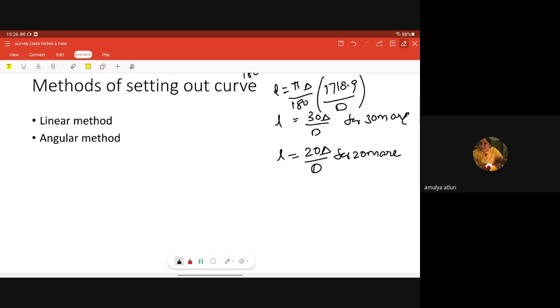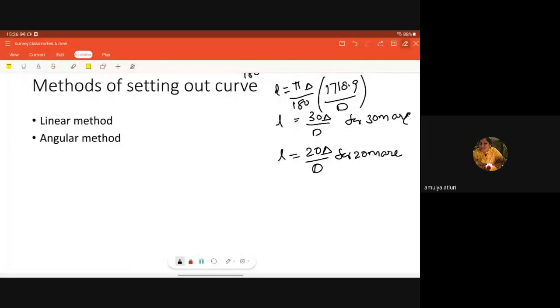If you remember these formulas, they will ask you to calculate the necessary data for setting up the simple curve. They will give you the chainage, how many chains and how many links, the radius of the curve, deflection angles, peg intervals.